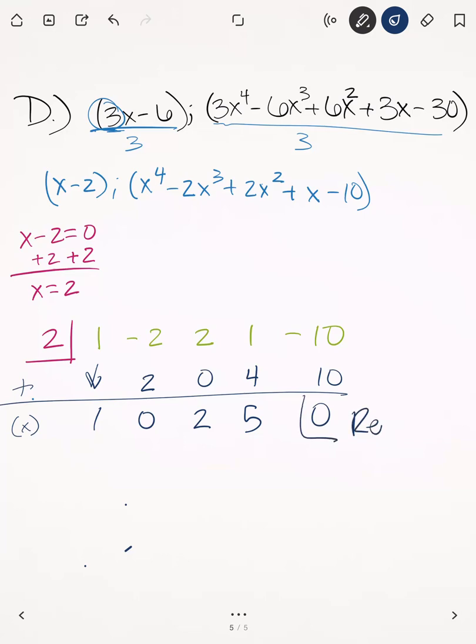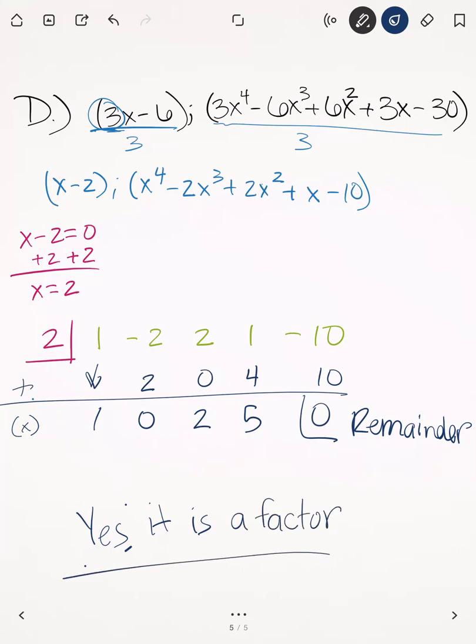So my remainder is 0, which means yes, this is a factor. So that is all there is to the factor theorem.